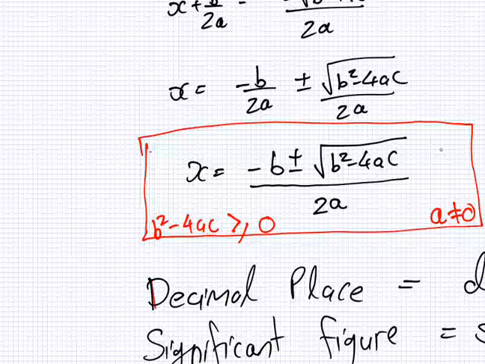So the question said solve, and this is the answer that you got. If the question said solve and they used the word exact in the question, so they want the exact answer, which one do you think that is? This or this? The second one. Yes.